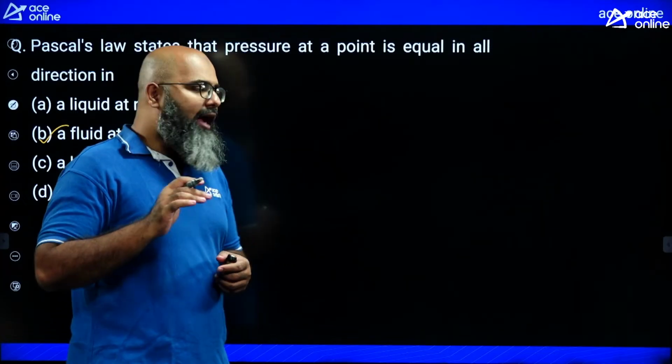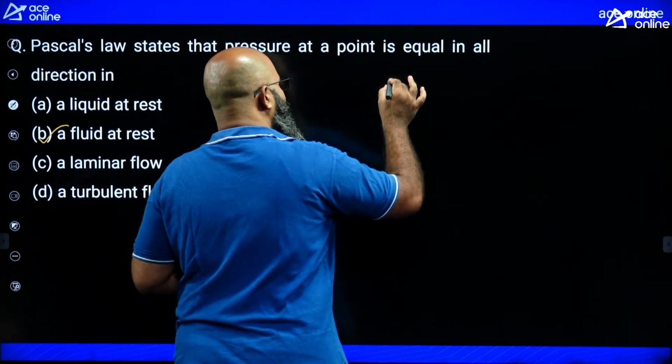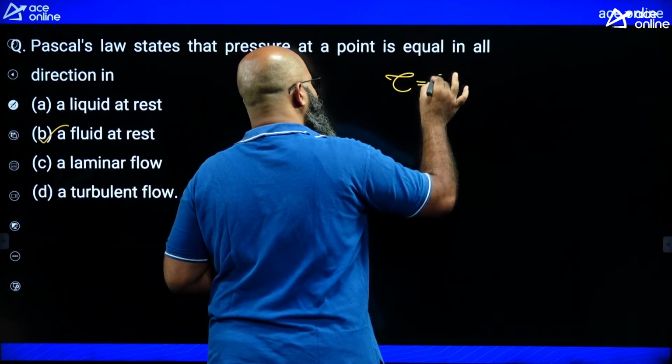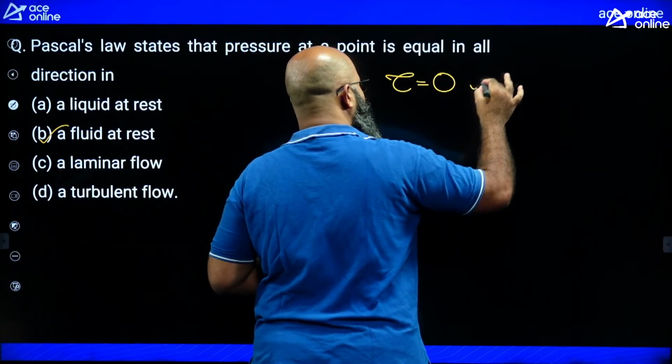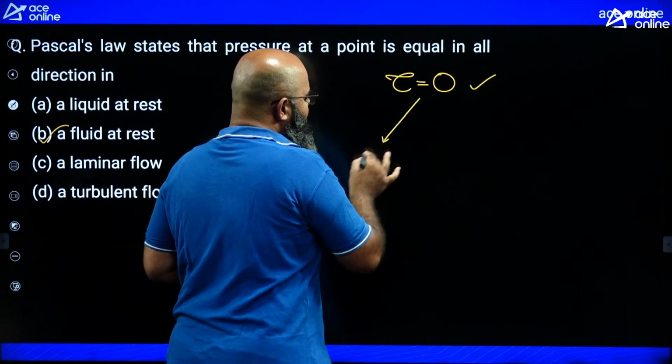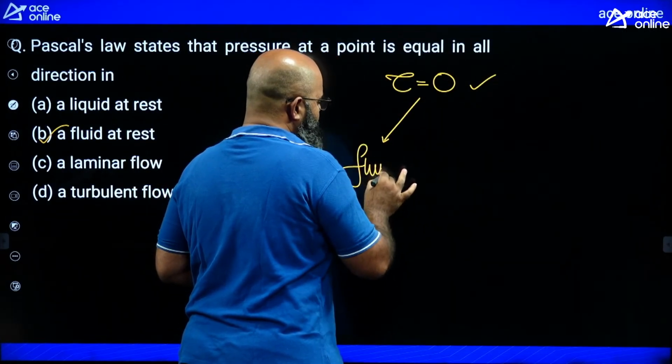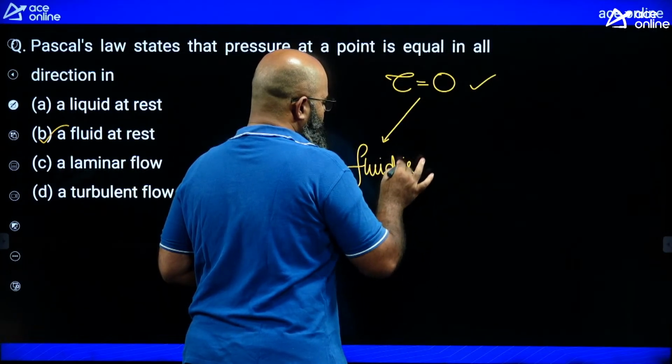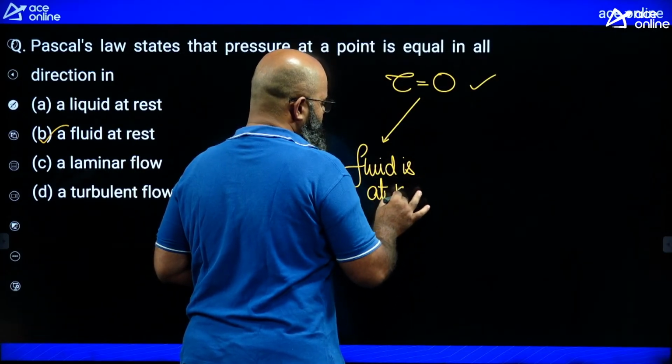The actual answer is that Pascal's law is valid whenever the shear stress in the fluid is equal to 0. This is the perfect answer. One particular case is when the fluid is at rest.